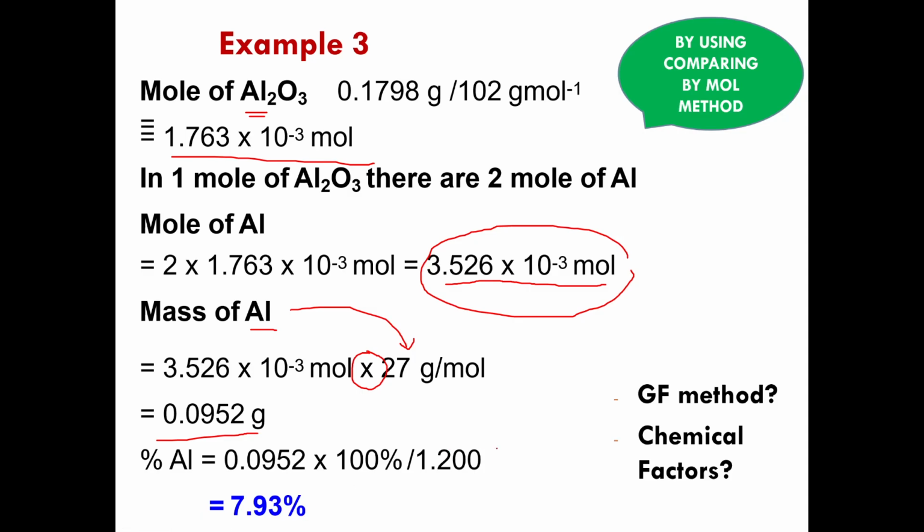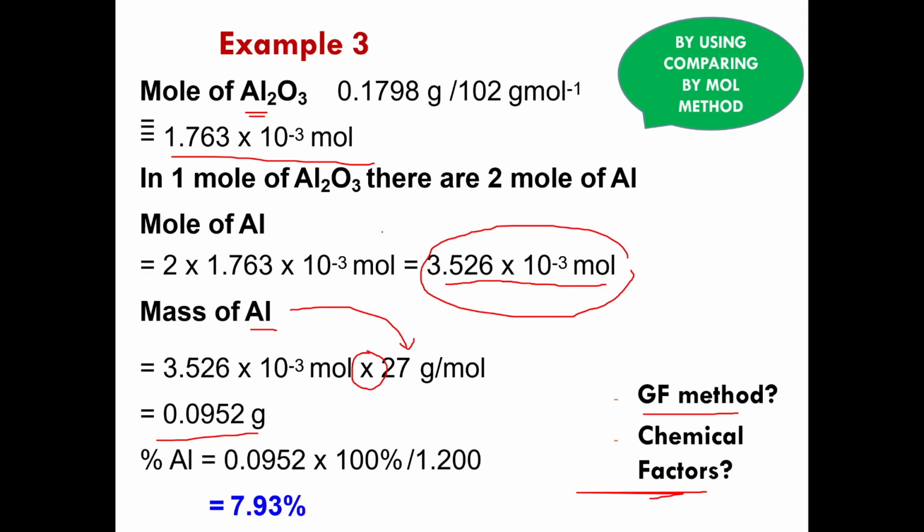So how about the gravimetric factor? How about the chemical factor? You can try to do the exercise. Try using the gravimetric factor and the chemical factor, and make sure you get the same percentage, which is 7.93. Make sure that with both factors you use the same molecular weight.